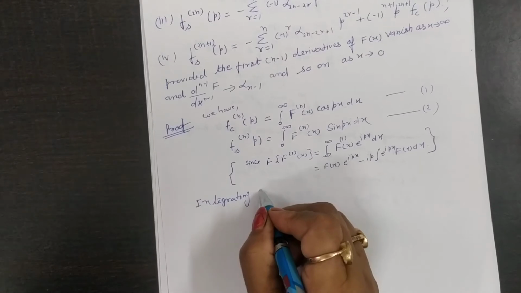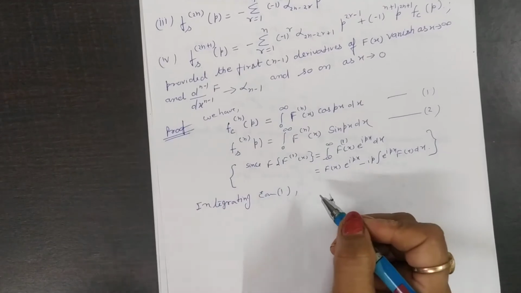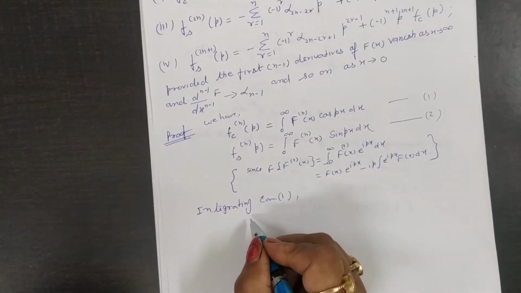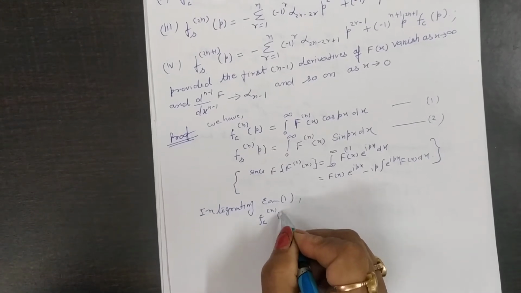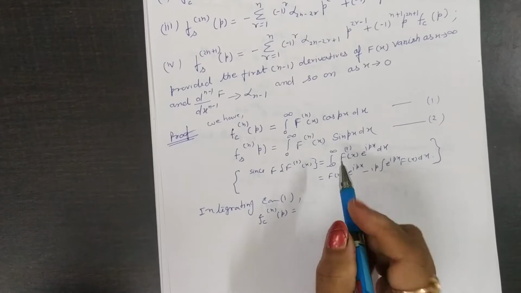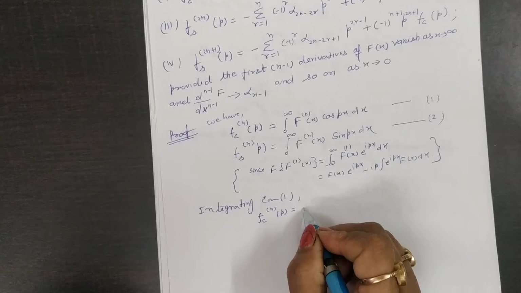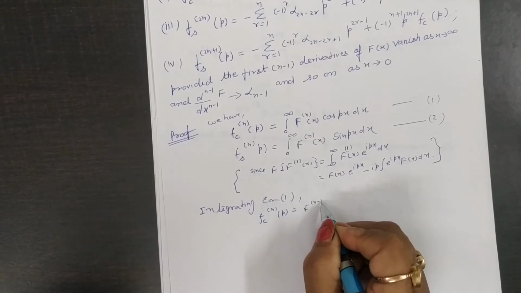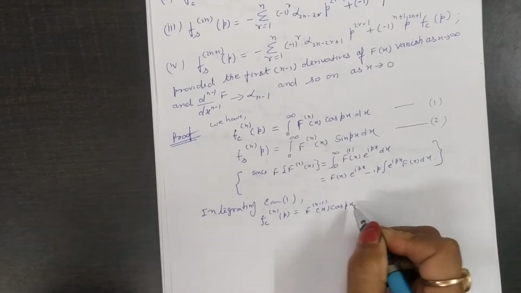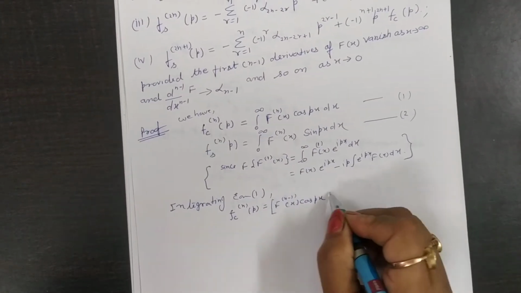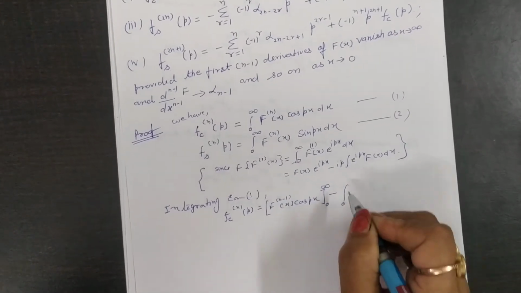integrating equation 1, we have F_c of the nth derivative of p, which by parts using this identity is the (n-1)th derivative of f, that is f^(n-1)(x) cos(px), with the limit from 0 to infinity, minus the integral from 0 to infinity of the differentiated term.